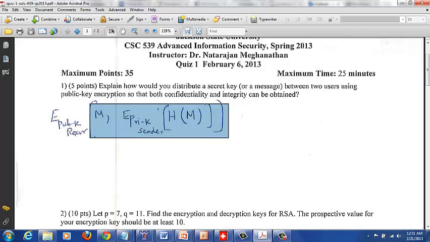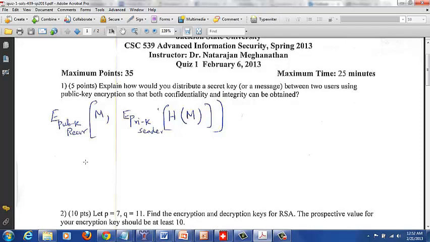And once the receiver decrypts this, what will happen? The receiver will access this portion, because this is separate from M. So the receiver sees the actual message M, but it wants to make sure the message M came without any corruption or change, because anyone could send a message M encrypted with the public key of the receiver, since the public key is known to everyone.